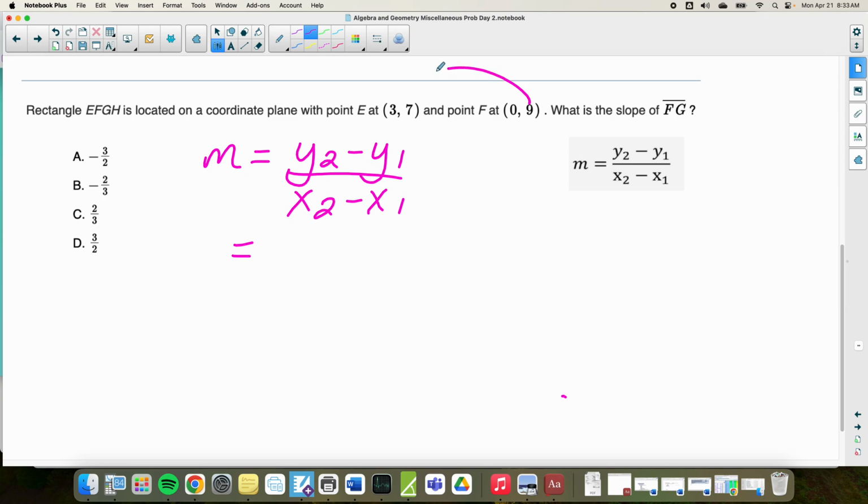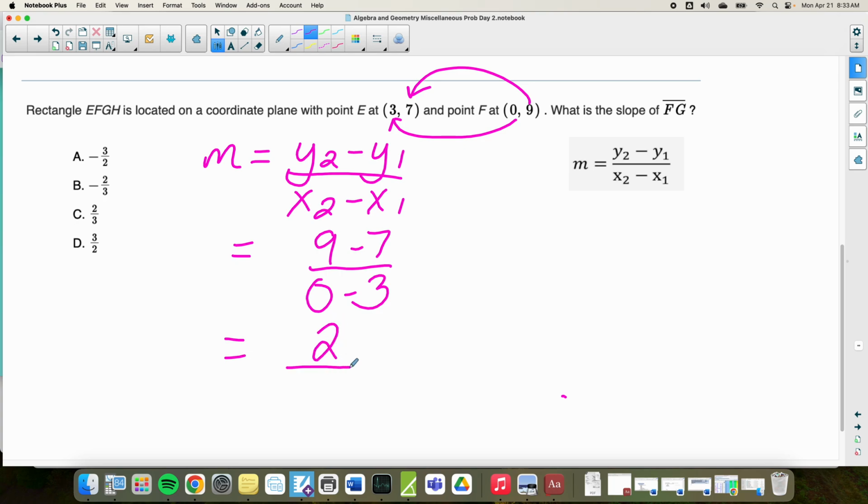So we go y minus y, which is 9 minus 7, over 0 minus 3. Okay, now 9 minus 7 is 2, 0 minus 3 is a negative 3, so that would be our slope. Doesn't matter where that negative goes, it could be on top, out front, or on the bottom, but it's negative 2/3.